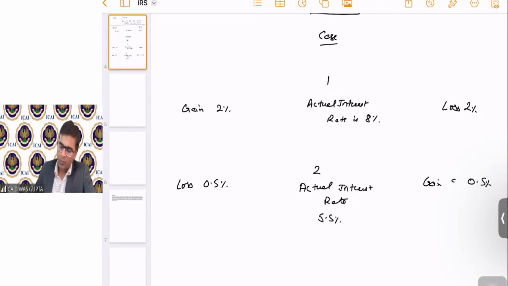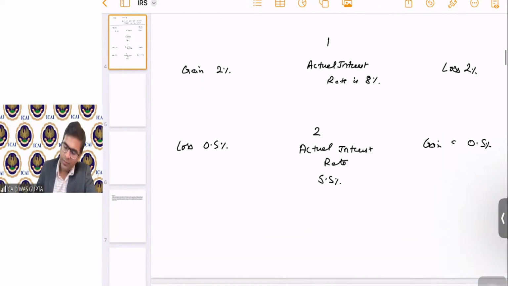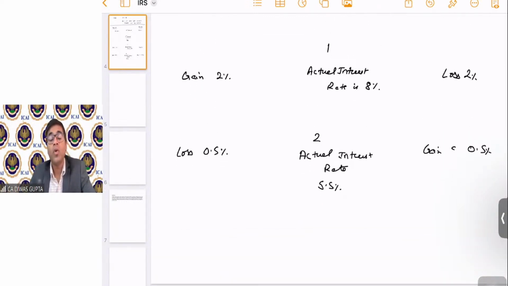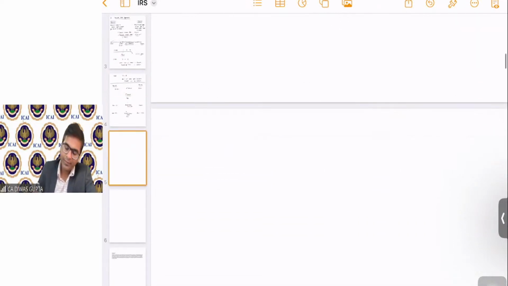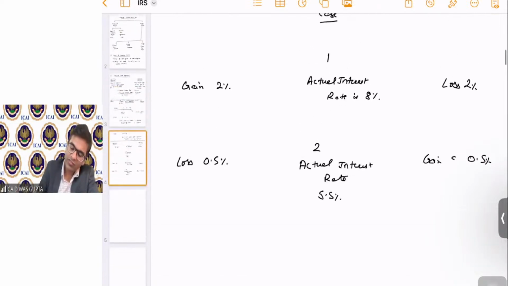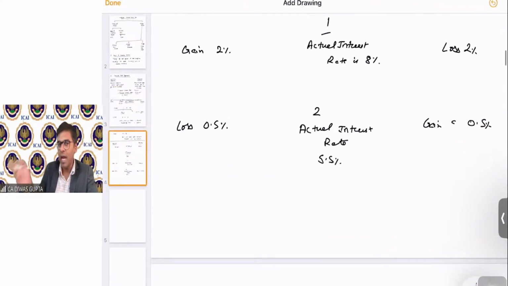Okay. Now, we also need to calculate, let's say, what are the payoffs for this entire transaction, right? For option one, or let's say the case one, what is going to be the payoffs between A and B?